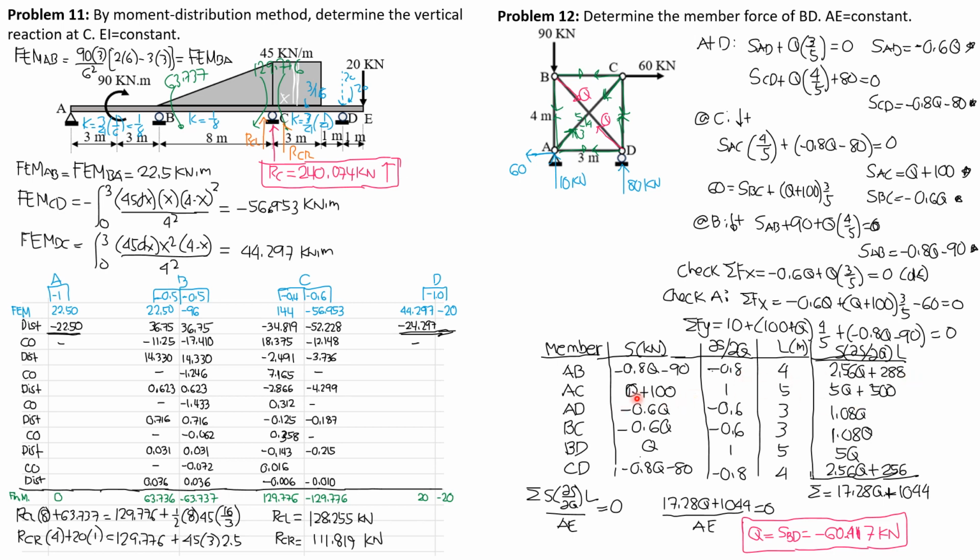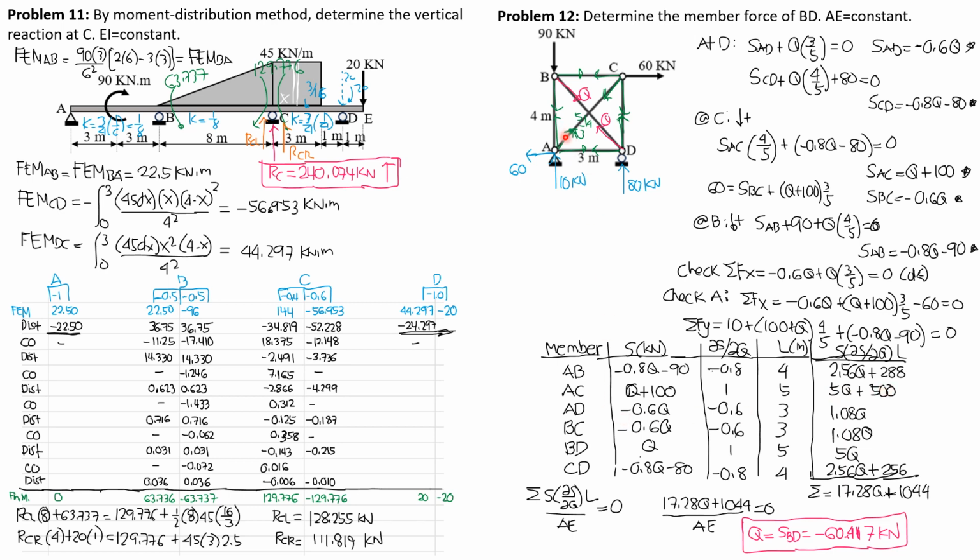For the second, AC is Q plus 100. The partial derivative of Q plus 100 with respect to Q is 1. The length is 5, square root of 3 squared plus 4 squared, which is 5. Getting the product, it is 5Q plus 500.